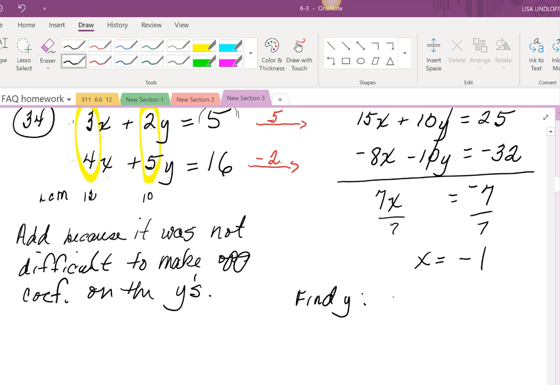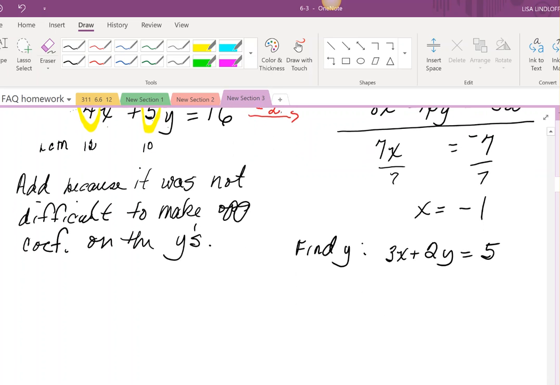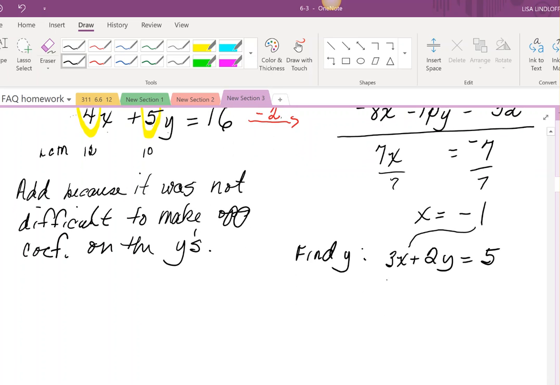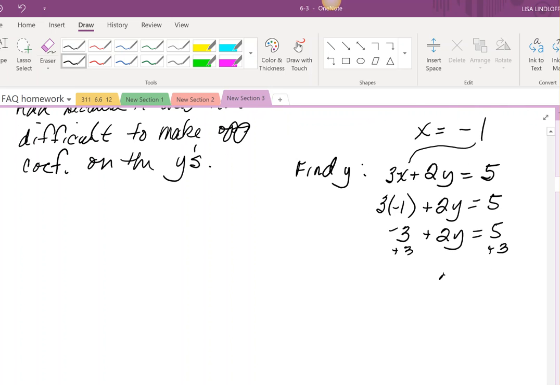All right, so I'm going to pick 3x plus 2y is 5. That was the original. Plug in 3 times -1 plus 2y is 5. -3 plus 2y is 5. Add 3. So 2y is 8. Y is 4.